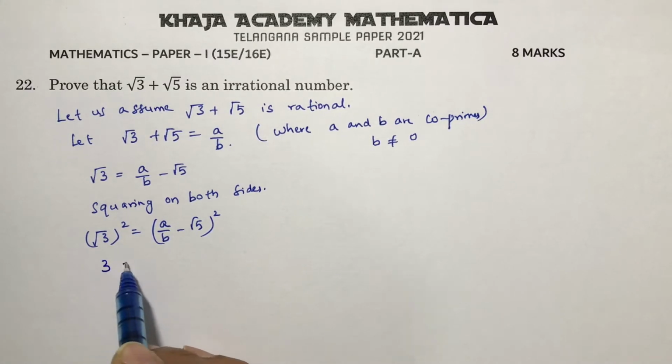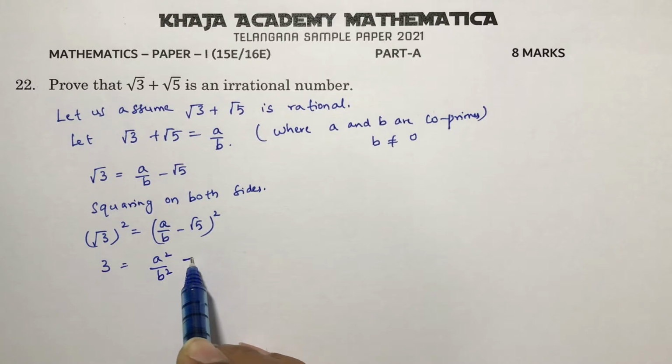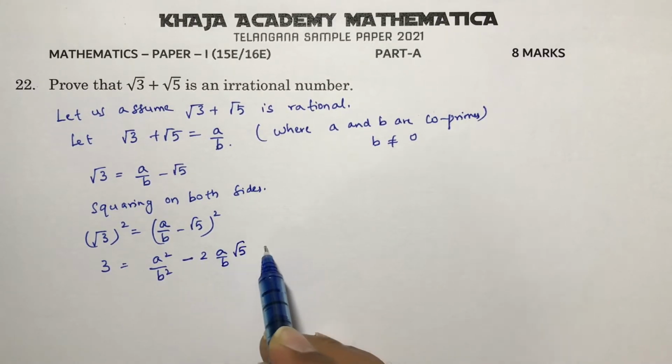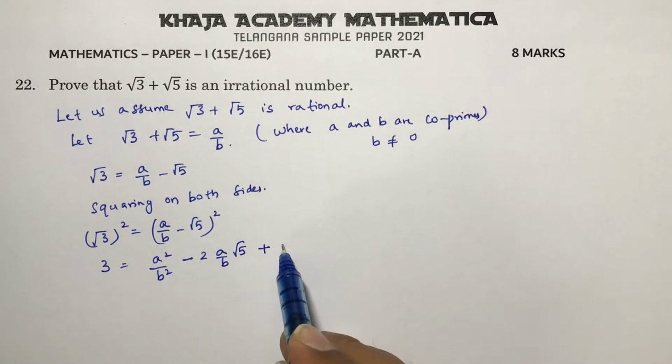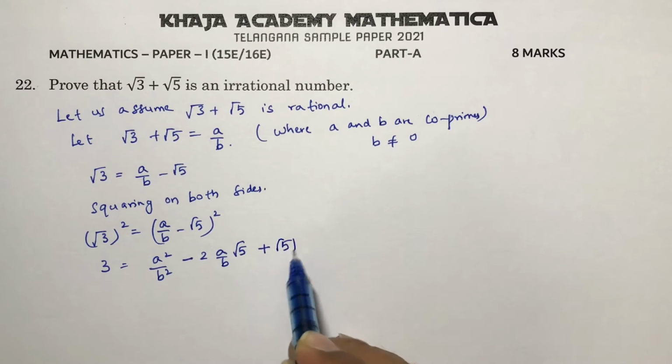So 3 equals a square by b square minus 2a by b root 5 plus 5, because root 5 whole square is 5.